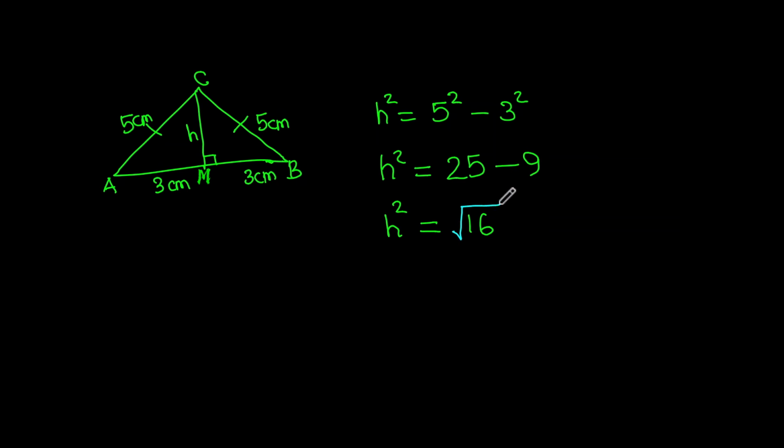And since we're dealing with only length, we may focus on the positive root only. Therefore, the square root of h squared is h, and the square root of 16 is either positive or negative 4, and this implies that h is 4 centimeters.